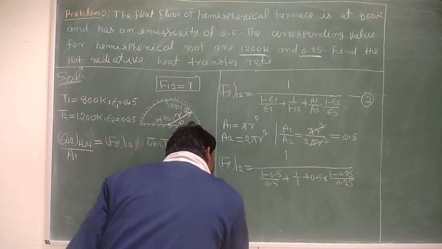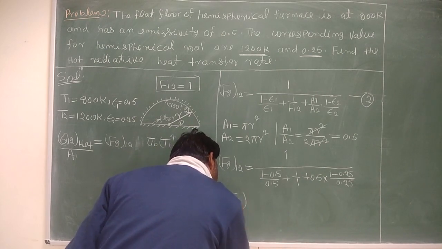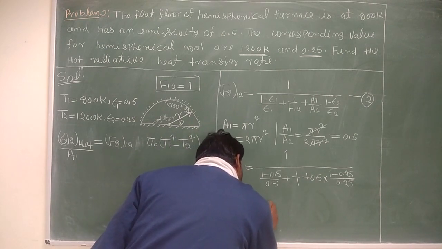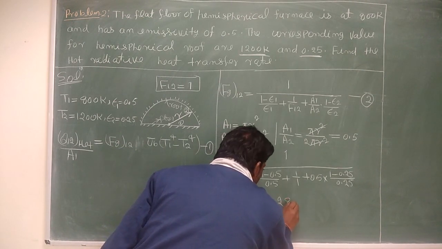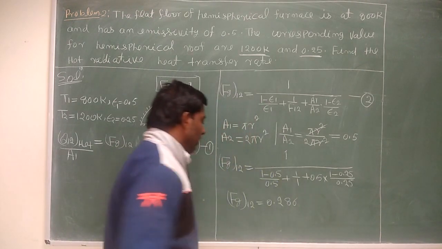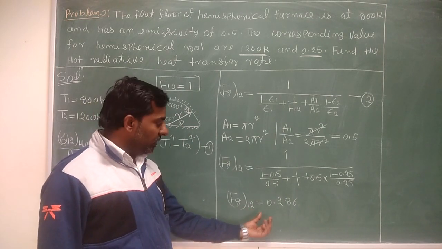By calculating this, we are getting the gray body factor F1 to 2 equal to 0.286.